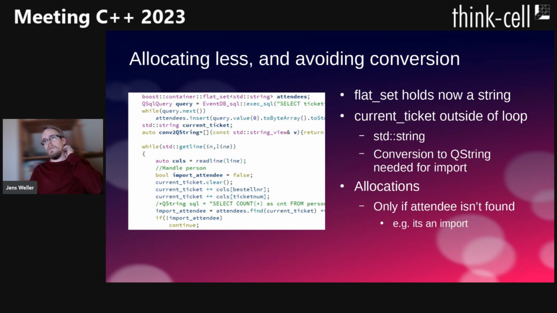And then I do not convert the attendee number to QString. I can keep that in a std::string, which is still not great, but that's how this got rid of some allocations at least. And now you have the allocations which convert to QString only if an attendee needs to be actually imported, which makes the program run a lot faster.